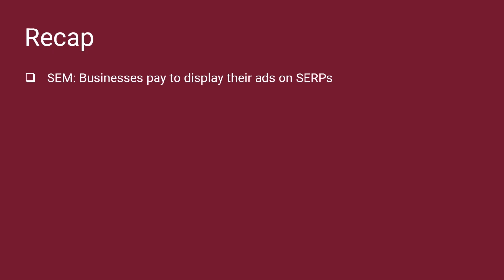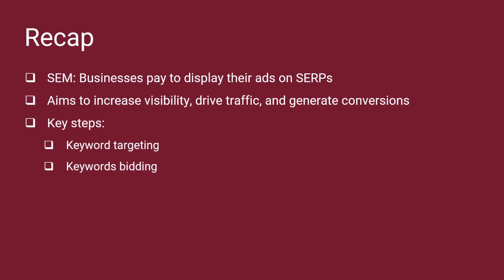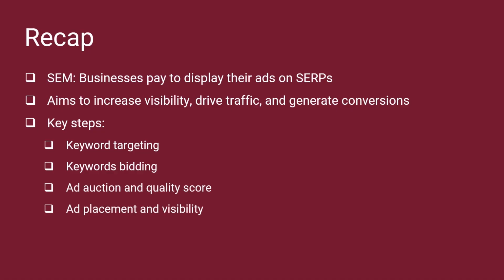In this video, you learned that SEM is a form of digital advertising where businesses pay to display their ads on SERPs. SEM aims to increase visibility, drive traffic, and generate conversions. SEM involves several key steps, such as keyword targeting, keyword bidding, ad auction and quality score, ad placement and visibility, and user clicks and conversion.